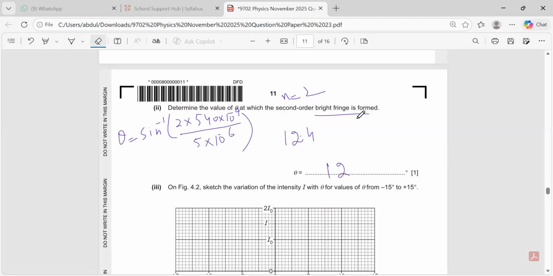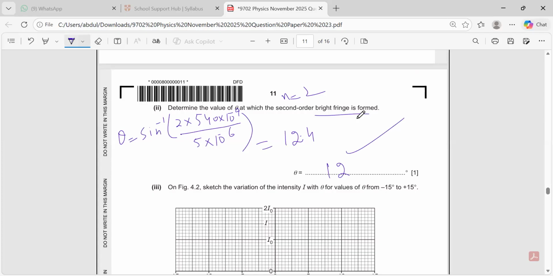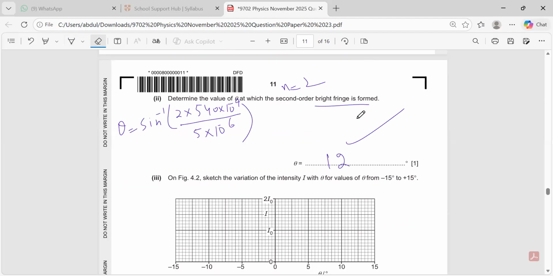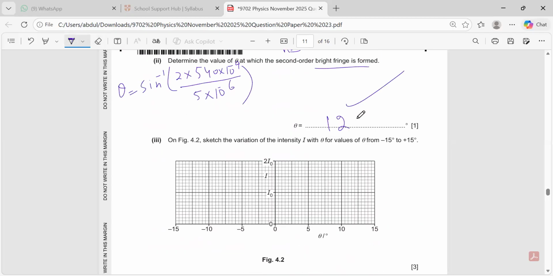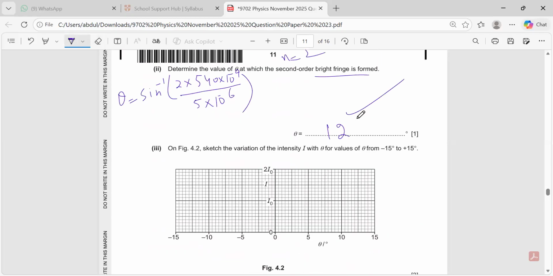As you simplify, the answer will be equal to 12, so you can write simply 12, just double it. Now, the graph is the next part. On the figure, sketch the variation of the intensity I with theta for values of theta from minus 15 degrees to 15 degrees.